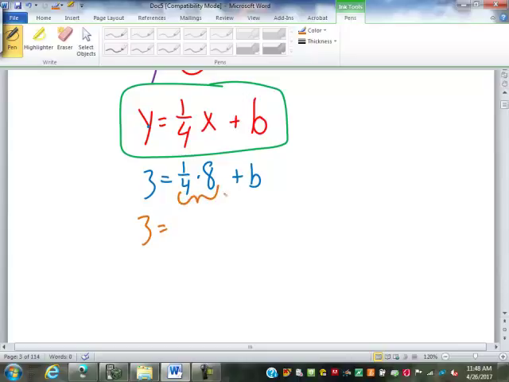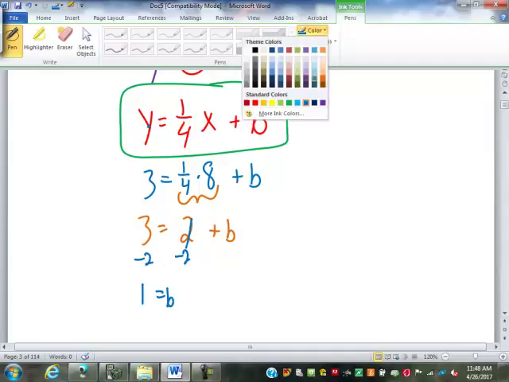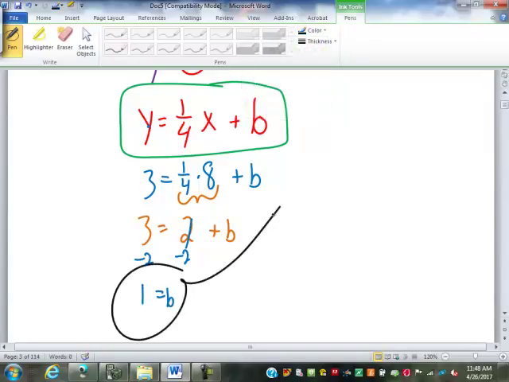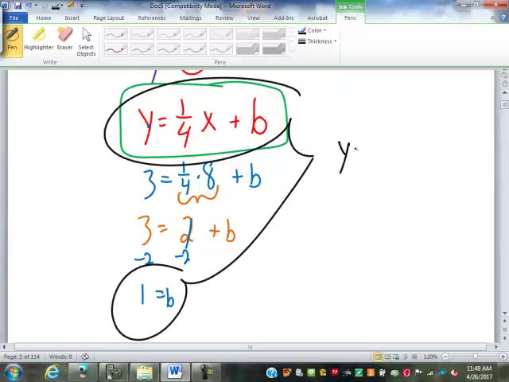What is 1/4 times 8? One-fourth times 8 is 2. And then we subtract 2 to find b. So 1 equals b. So we bring that up here, combine it with this equation. Y equals 1/4 x. B is positive 1, so plus 1.